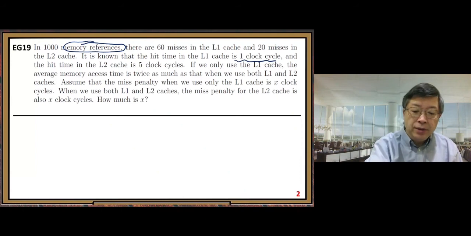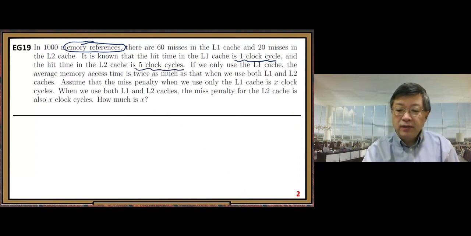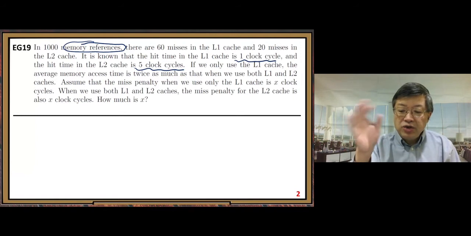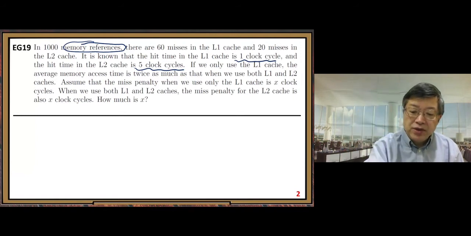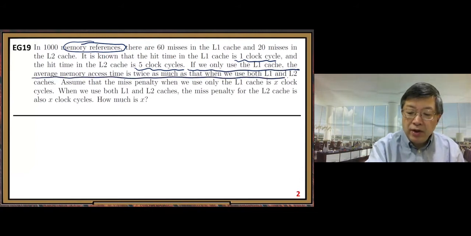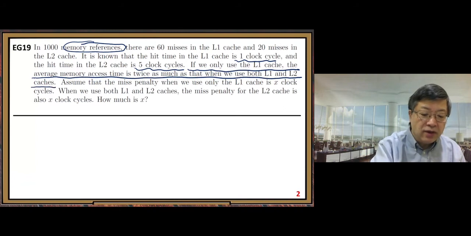Hit time L2, 5 clock cycles. If we only use L1 cache, the average memory access time is twice as much as if we use both L1, L2. This sentence is the key condition we need to use to set up the equation.